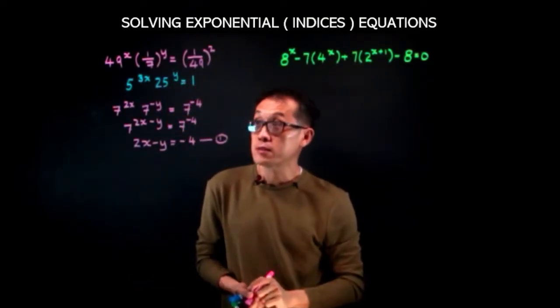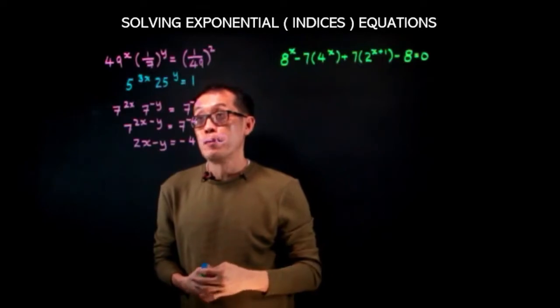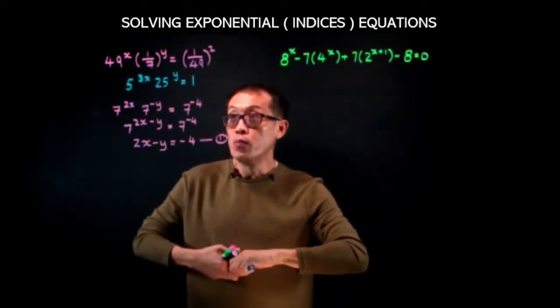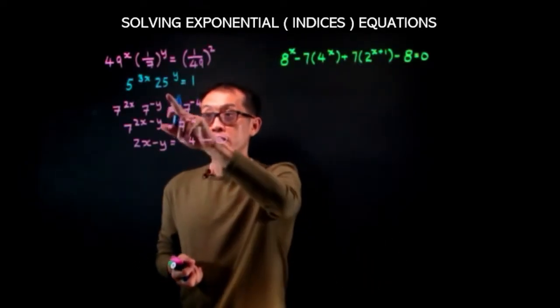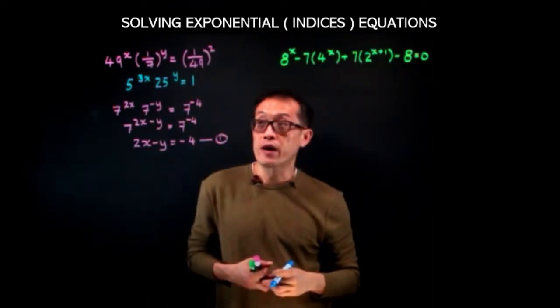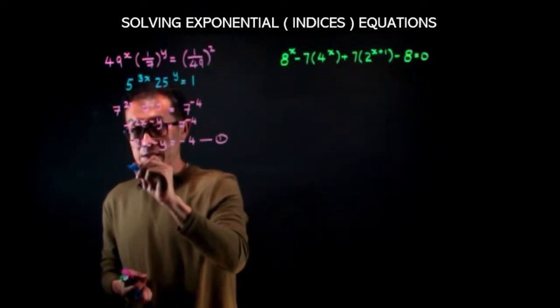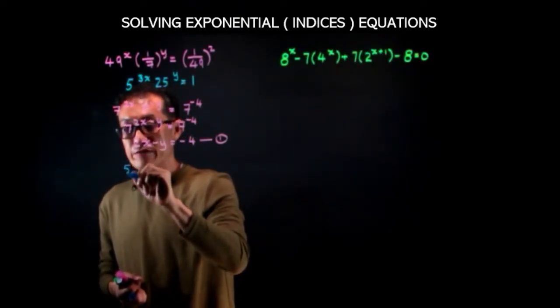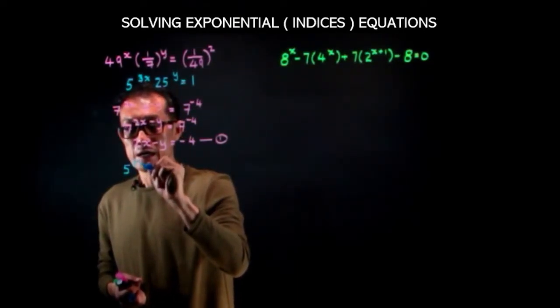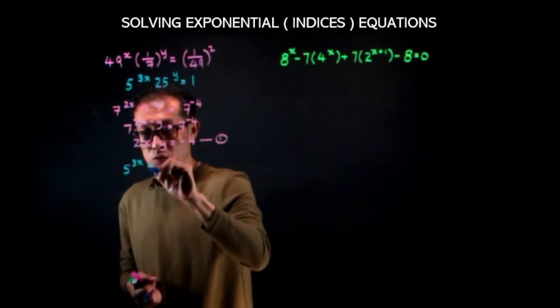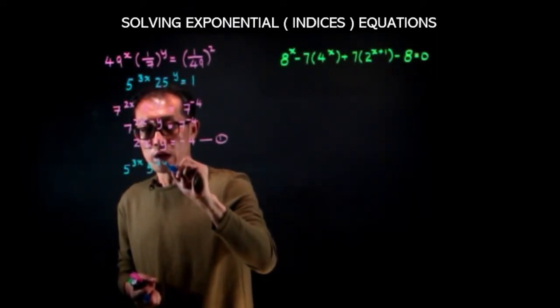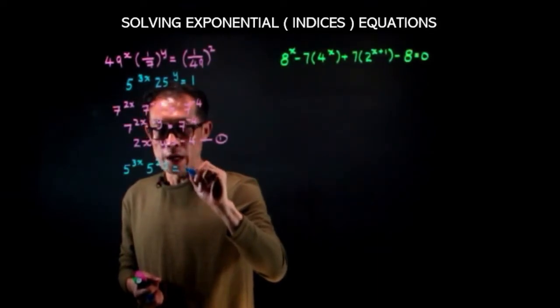Now let's try to do something about the equation in blue. Now this 25 can be expressed as 5 to the power of 2. And then this is already 5 to the power of 3x. So you have 5 to the power of 3x into 5 to the power of 2y equals 1.